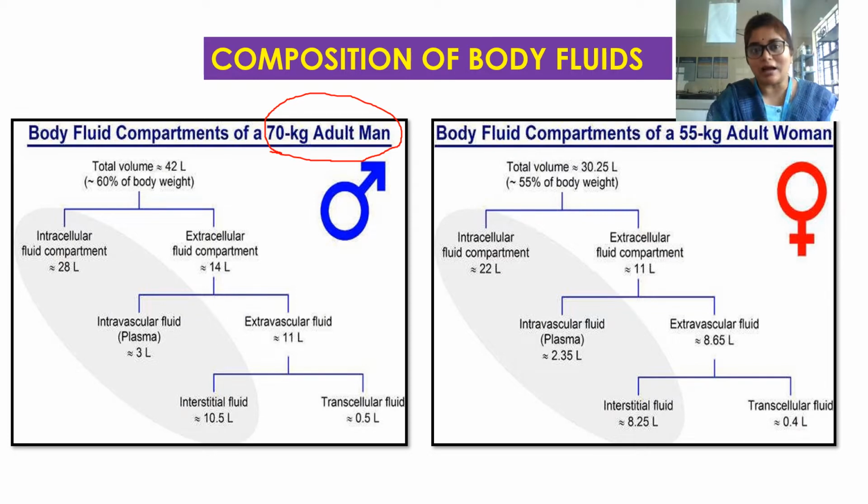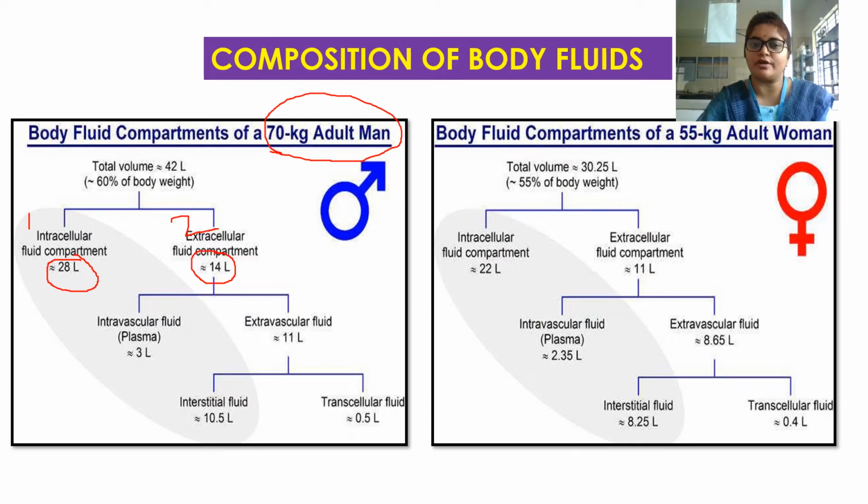In that 70% water, that means it is 42 liters, so that is 60% of the body weight as water, total volume, and it is divided into intracellular and extracellular fluids. Intracellular is the fluid present within the cells, and extracellular is present outside the cells. Nearly 28 liters is intracellular fluid and 14 liters is extracellular fluid.